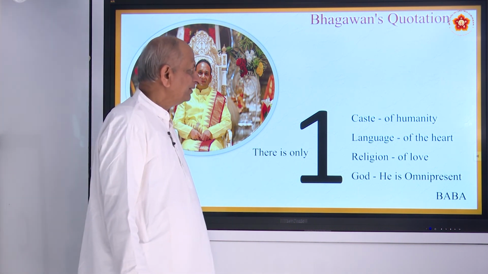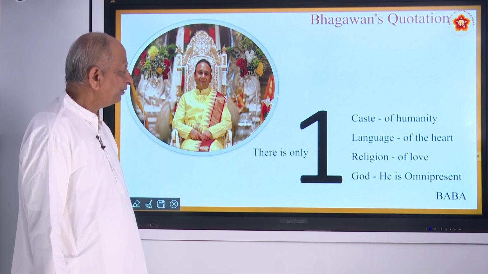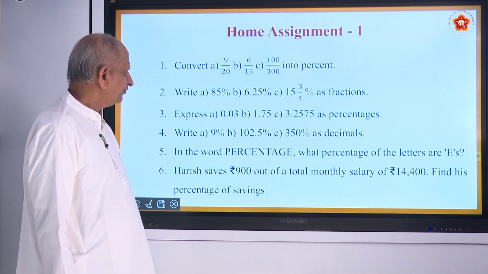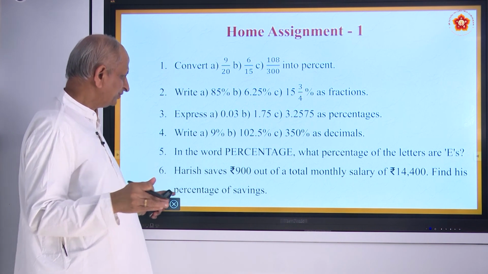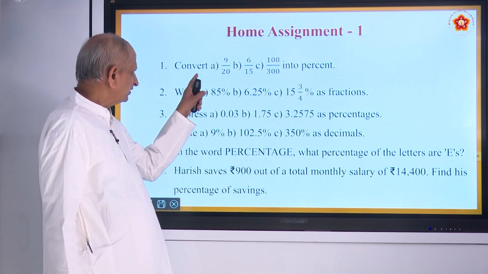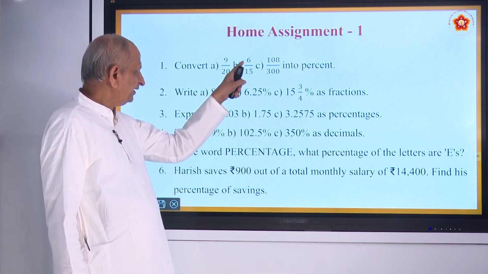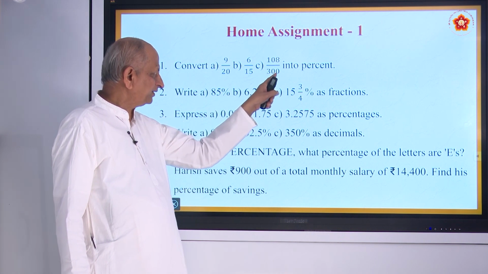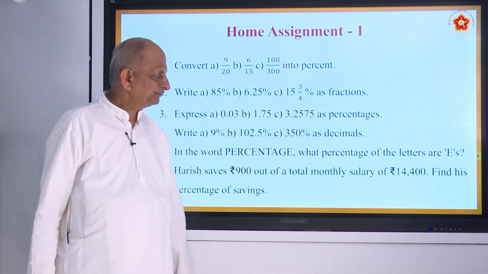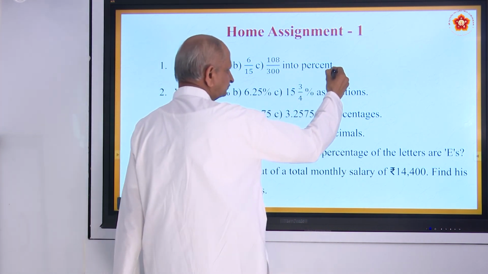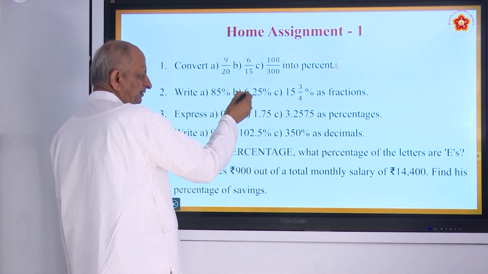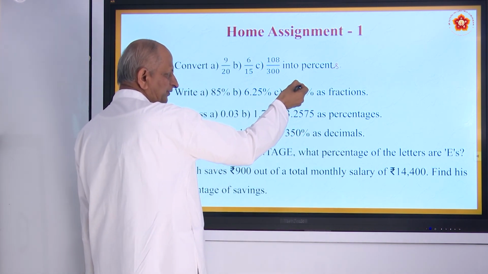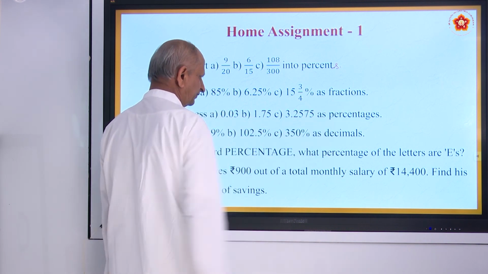Now we shall go through some home assignment. Very simple questions, all of you can do it. There are 6 questions here. First question: convert 9 by 20, 6 by 15, 108 by 300 into percents. Then write 85%, 6.25%, 15 3 by 4% as fractions.